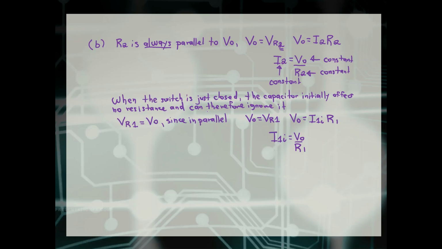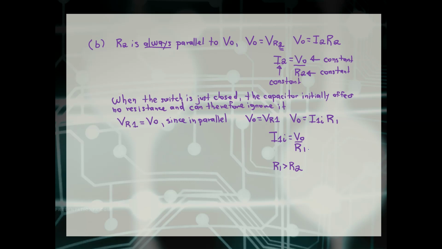If you look over here, the only difference between these two current equations is that in the equation up at the top, you're dividing by R2. In this one, you're dividing by R1.